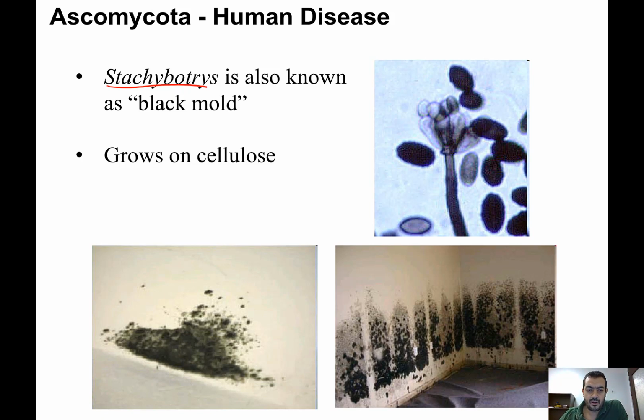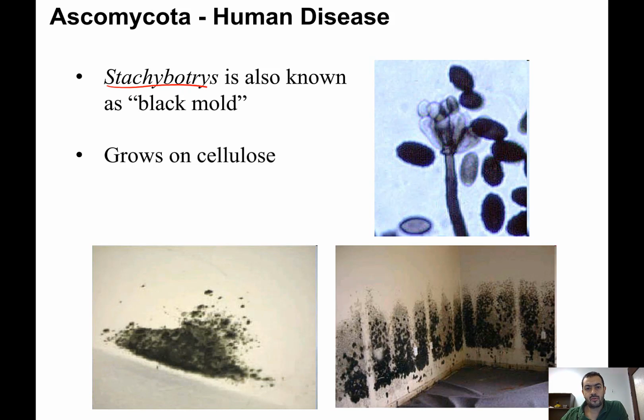So if there are high levels of humidity and you get the spores of Stachybotrys, they will grow on top of the paints of the drywall, unless it is an antifungal paint. And there are examples in the market of paints that are antifungal in nature.